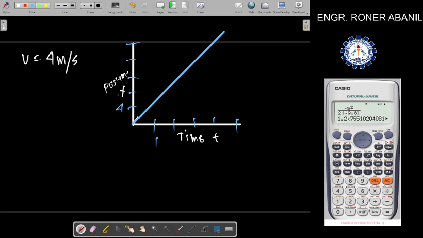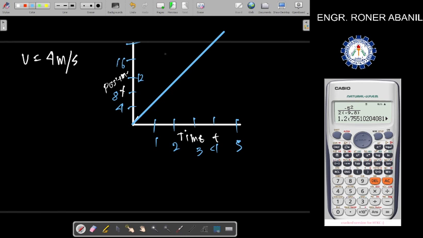Then 8, then 12, then 16, and so on. So if the time is 1 second, he is at 4 meters. If the time is 2 seconds, he is at 8 meters.